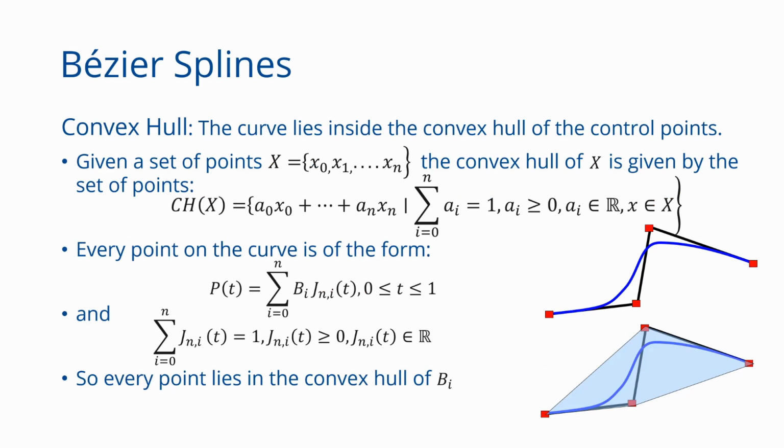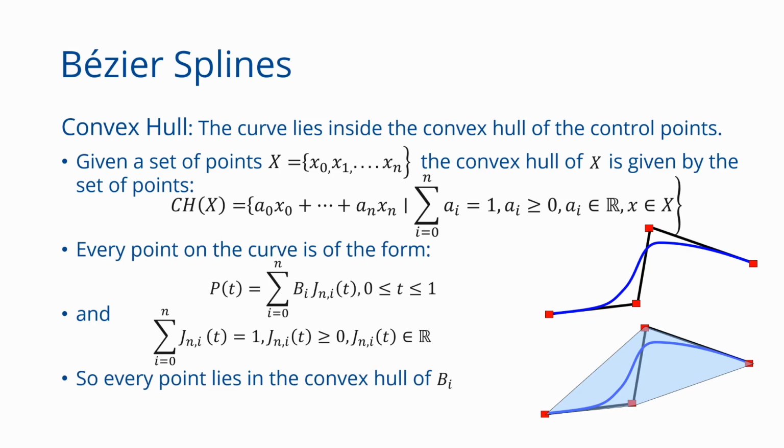The next property of the Bezier curve that we are interested in is called the convex hull property. The statement is that the curve lies inside the convex hull of the control points. How will you prove this? To prove this, we first need a formal definition of the convex hull.